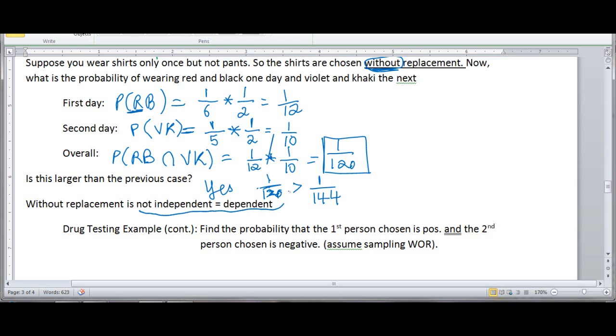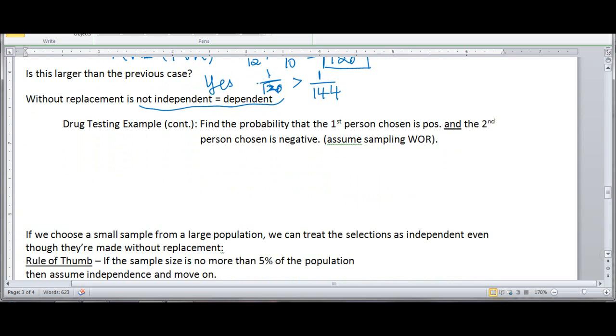Let's go back to that drug testing example. So you have the table for the drug testing example. What's the probability that the first person chosen is positive and the second person chosen is negative? Again, I'm choosing without replacement. That's what WOR means.